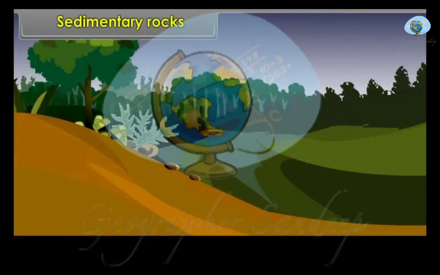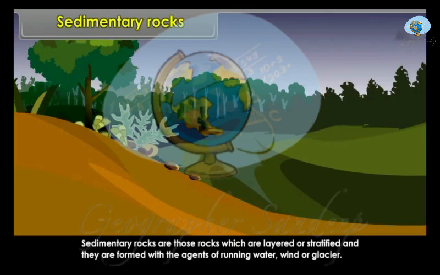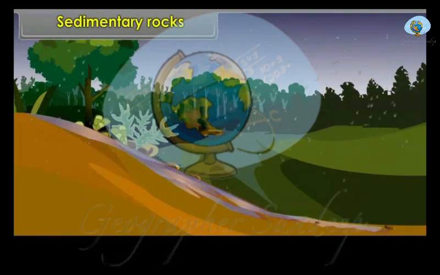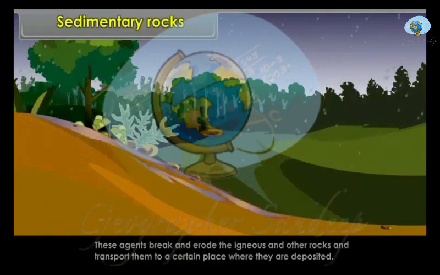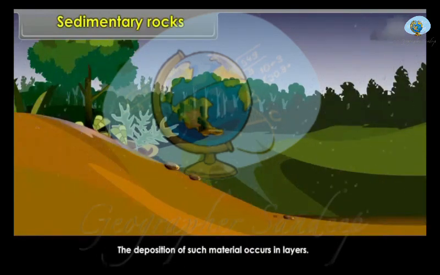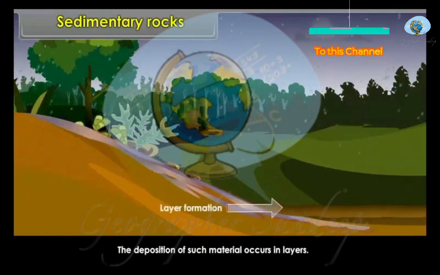Sedimentary rocks. Sedimentary rocks are those rocks which are layered or stratified and they are formed with the agents of running water, wind or glacier. These agents break and erode the igneous and other rocks and transport them to a certain place where they are deposited. The deposition of such material occurs in layers.